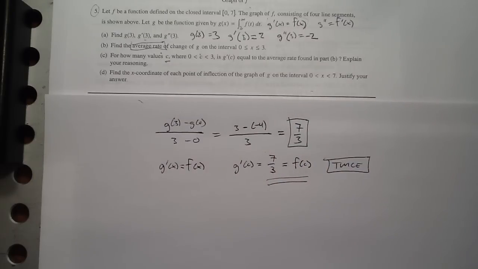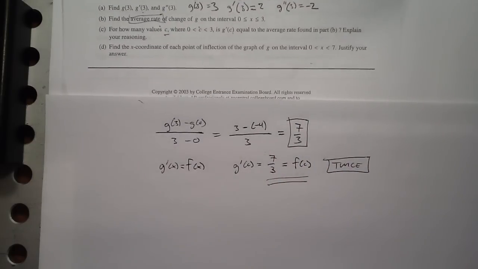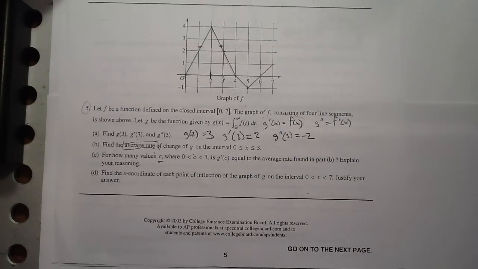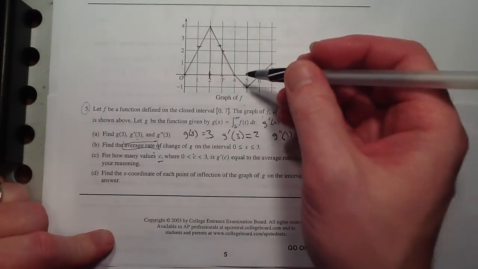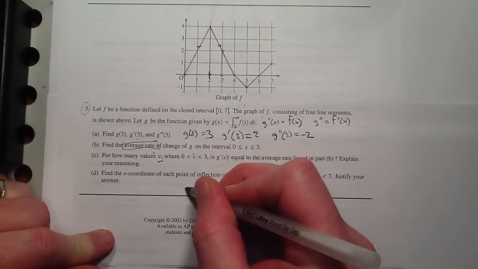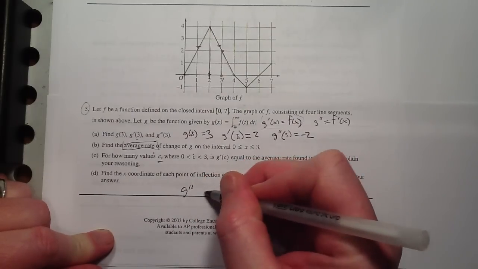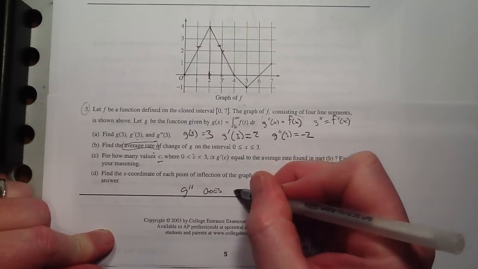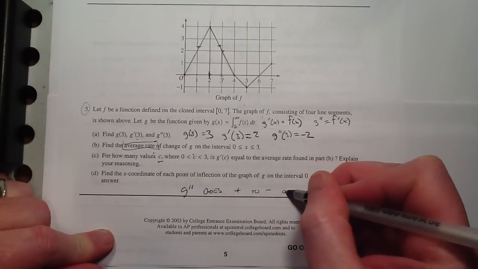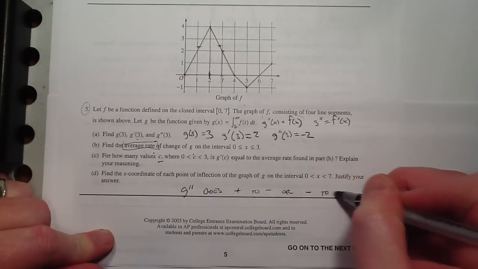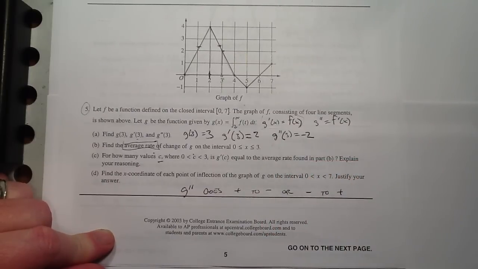We just did this in the first one, or maybe one of the ones anyway, maybe the last one even. So, points of inflection, that's where the second derivative goes from positive to negative or negative to positive, right?